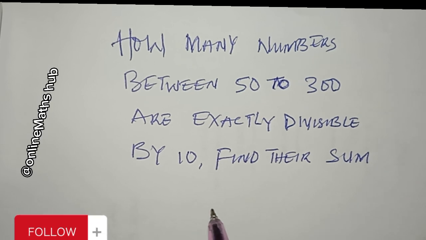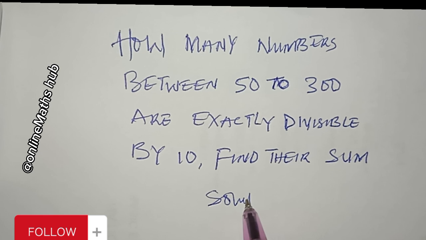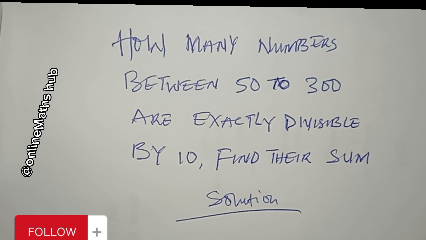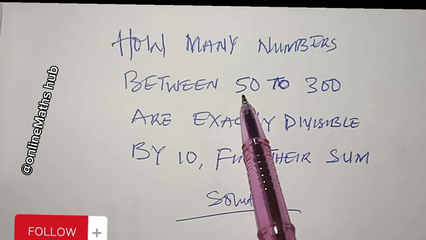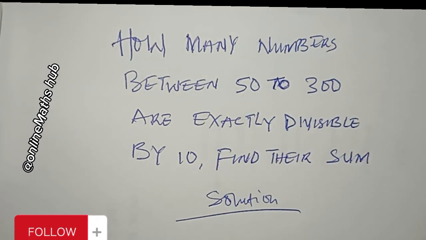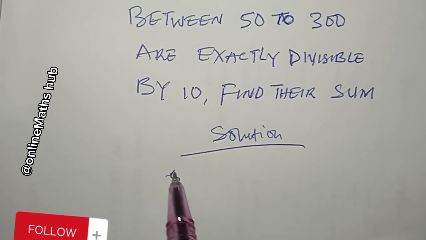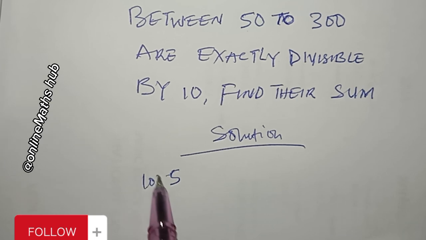So I like to start by writing solution. Okay, so the first thing I want to do is actually to identify the numbers that are divisible by 10 that are between 50 to 300, and of course those numbers can be written as 10 times 5.